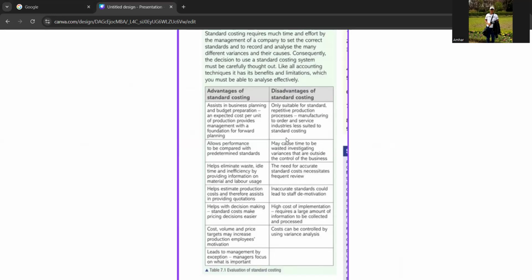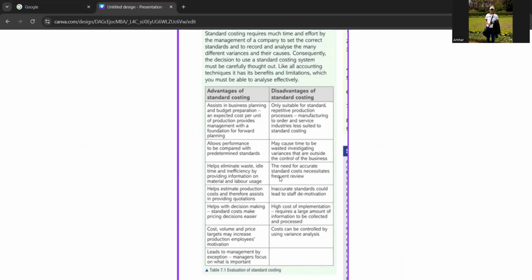Okay. And then the next one, it may cause time to be wasted investigating variances that are outside the control of the business. So some variances can be controllable, some are uncontrollable. For variances which are outside the control of the business, it's like time wasted.